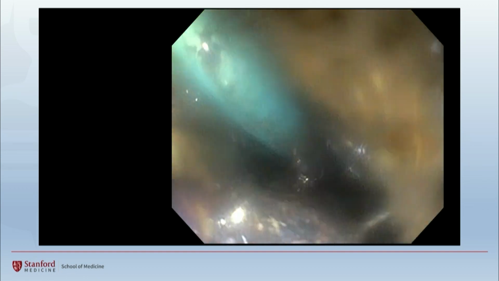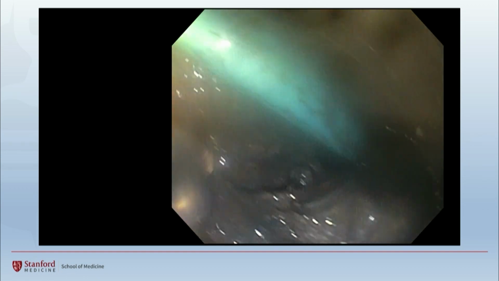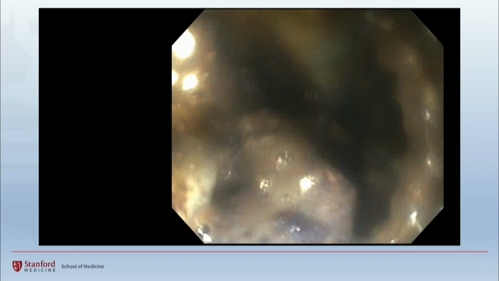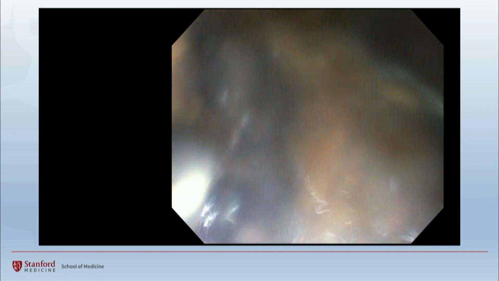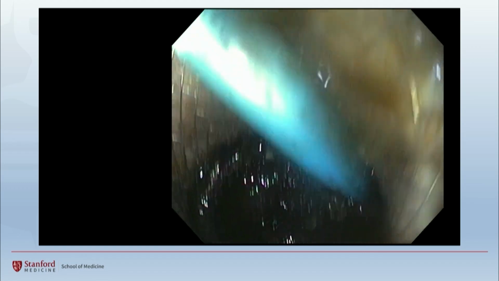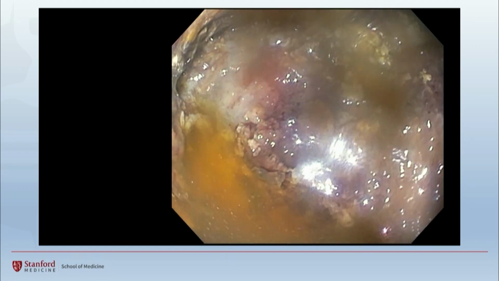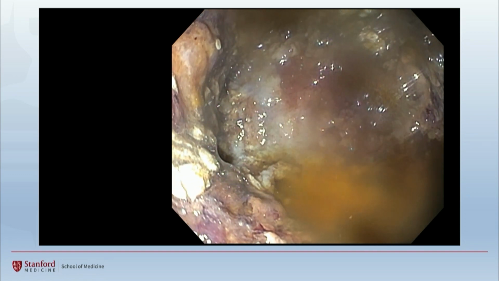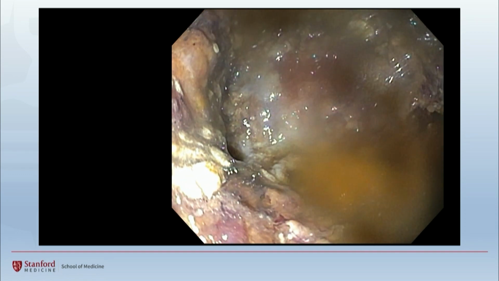A lot of times during these procedures, you are going to use this modality along with the snare as well, especially when you get to the point where there is very little necrotic material left. Here you can see after completion of the debridement that the cavity is clear. You can remove the lumen-opposing metal stent and leave the plastic stents in place after completion.